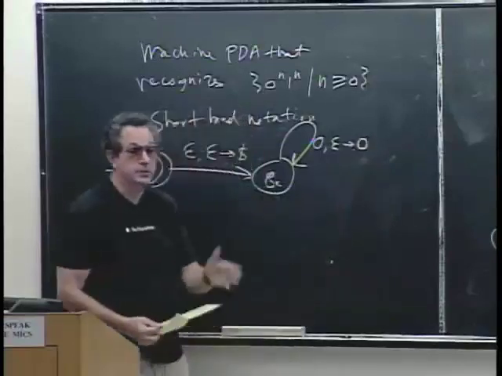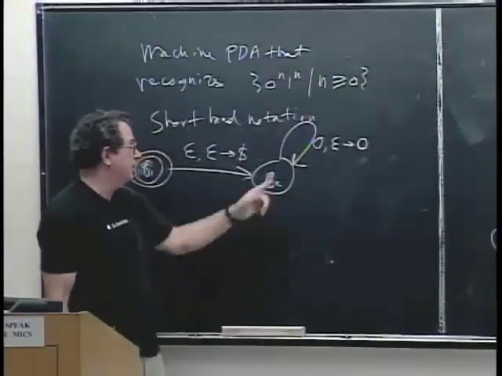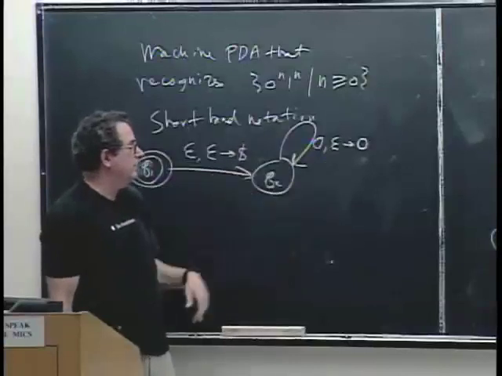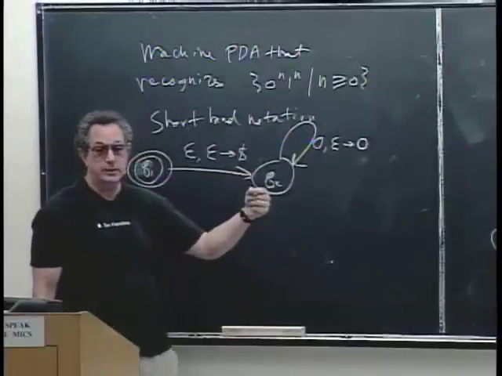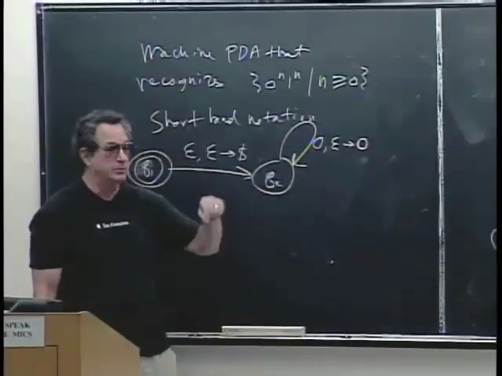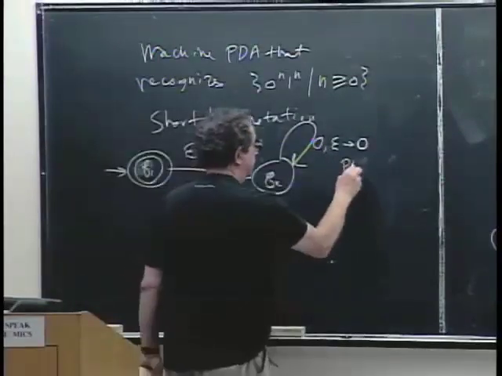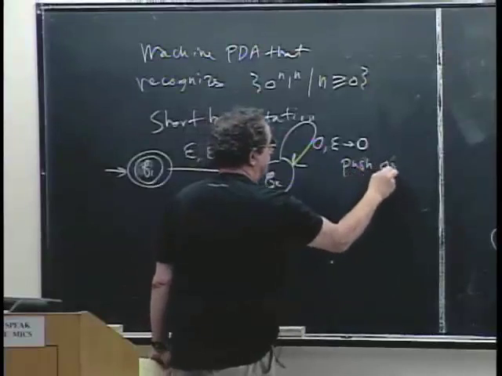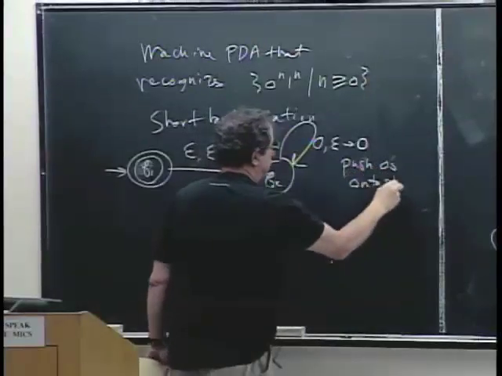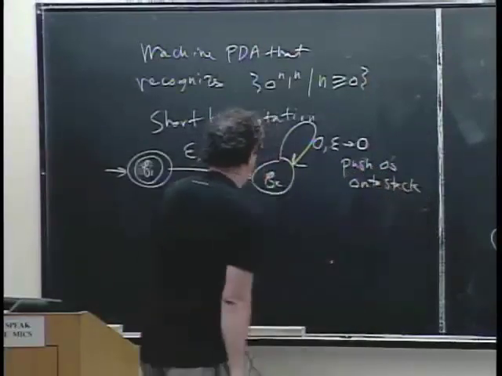So this is doing what was suggested over there, that as the machine is reading zeros, consecutive zeros, it's pushing those onto the stack. That's what this is. Push zeros onto the stack.